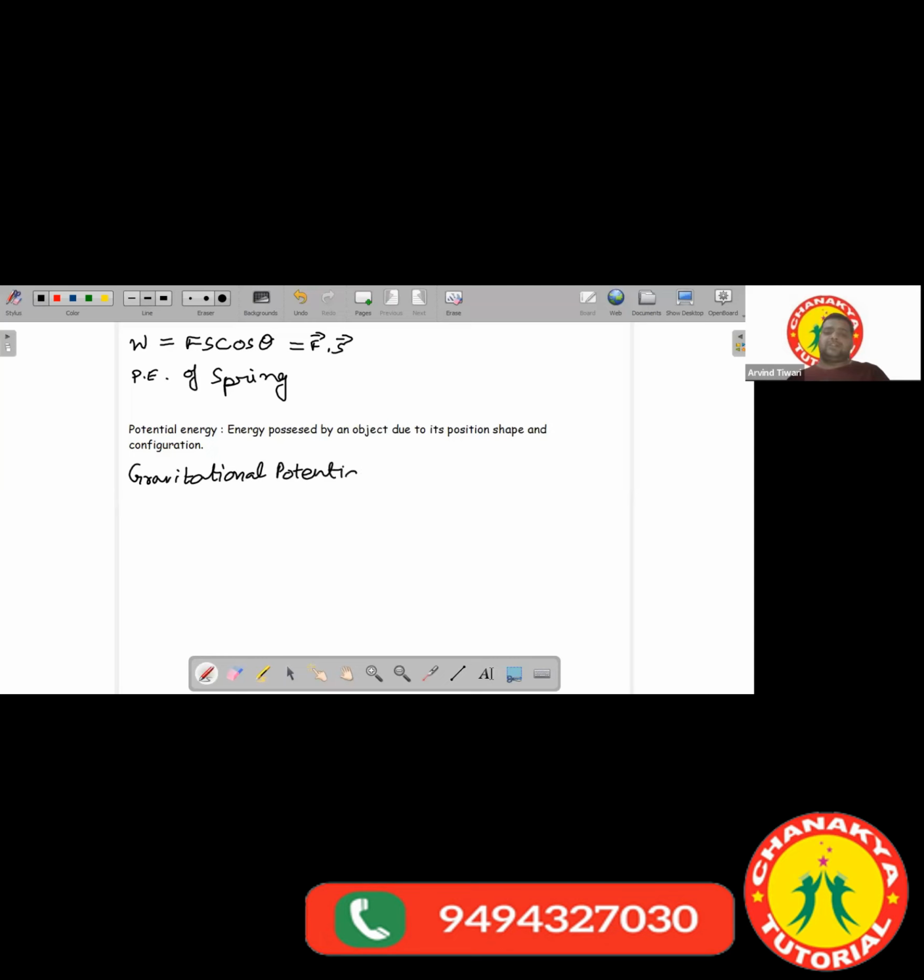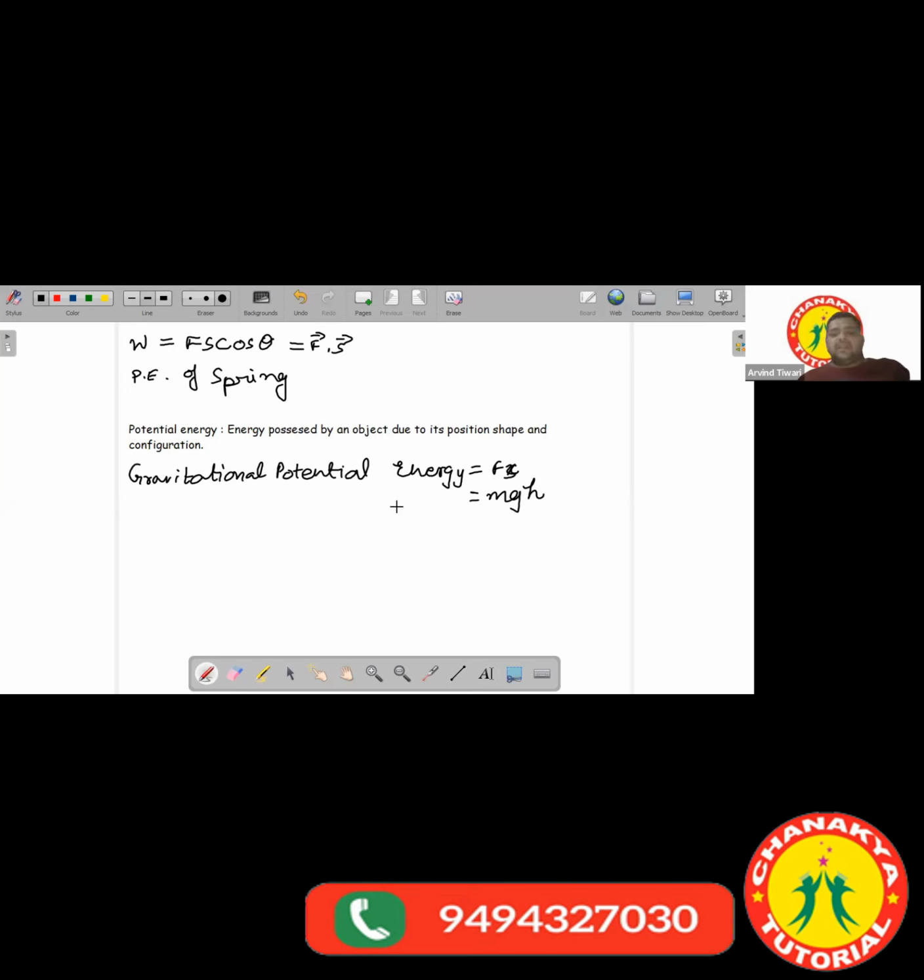It was F times S, equal to mgh, where mg was the weight, the amount of force needed to lift an object.